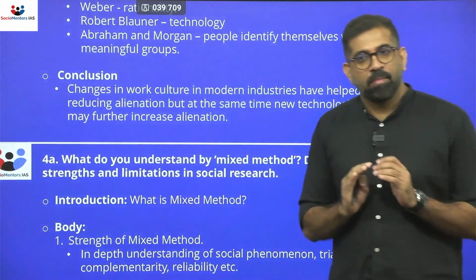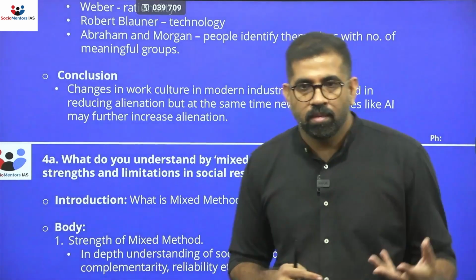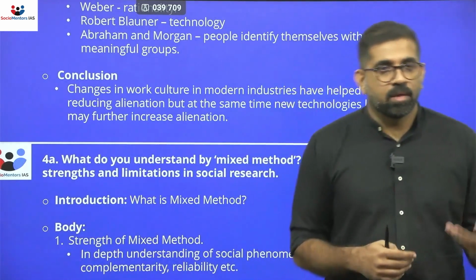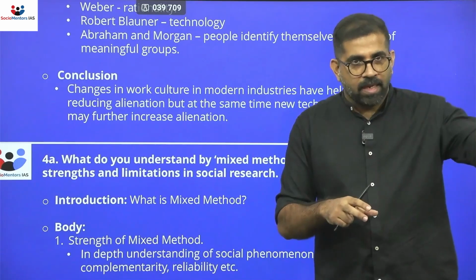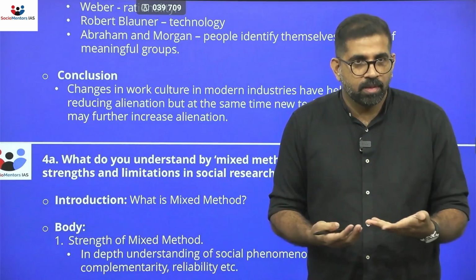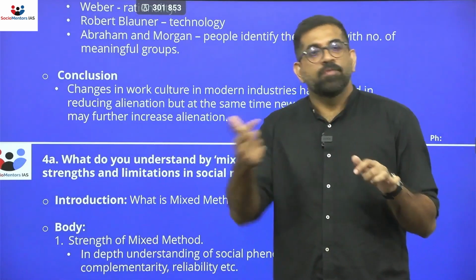So here you are mentioning something which is futuristic in nature. This is another method of writing a conclusion. Here what we have done is, you have explained alienation, you have explained the criticisms, so you don't have to write the alternative path. Instead, you can write the current relevance as well as the futuristic aspect.